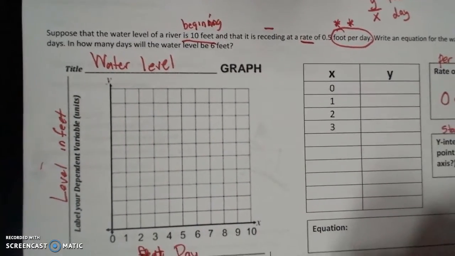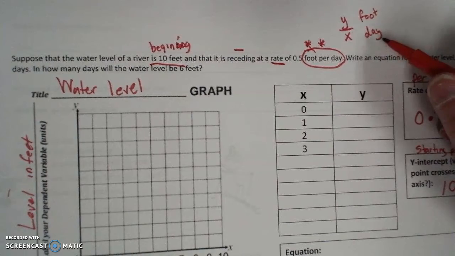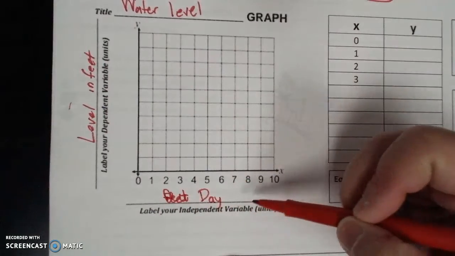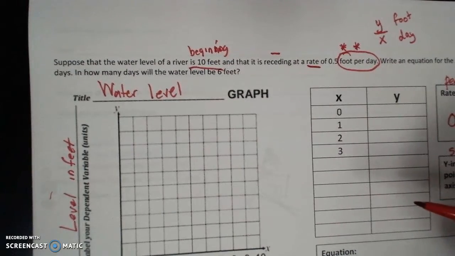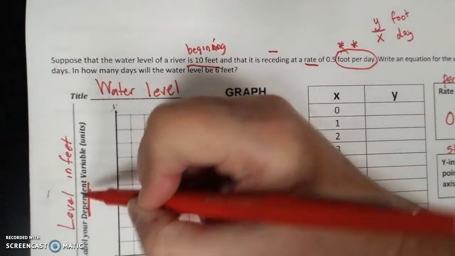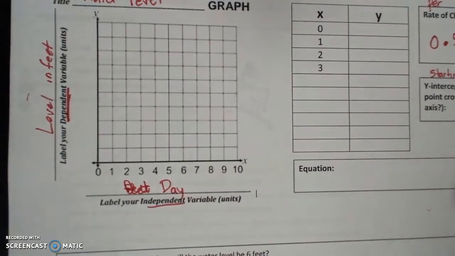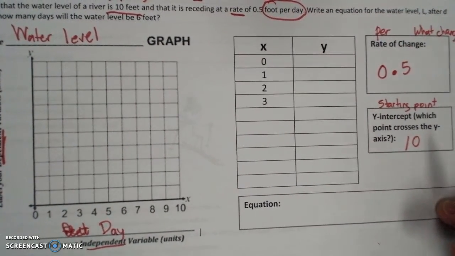So when it says, I'm sorry, I'm moving it around, my paper doesn't fit all in the screen. So feet per day, I have level per day. Notice that the y is your dependent variable and your x is your independent variable. That is consistent all the way through math.